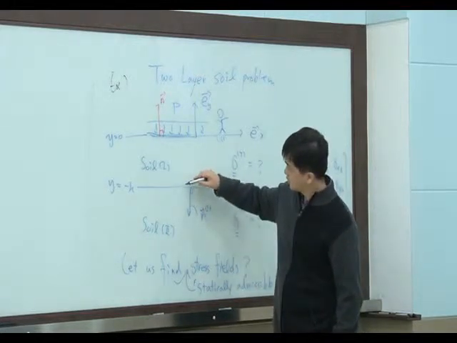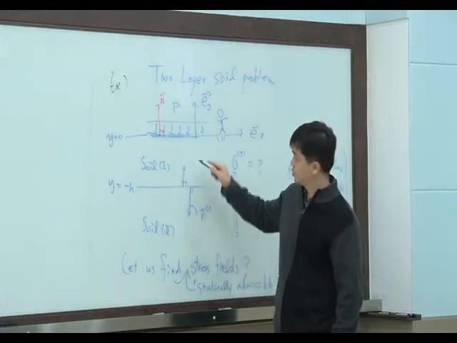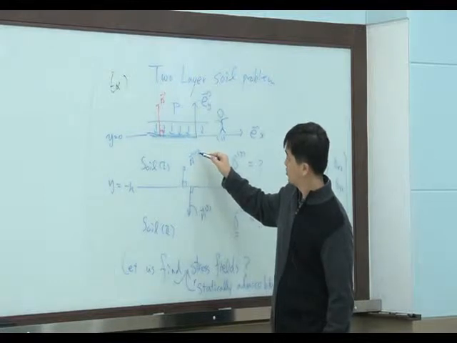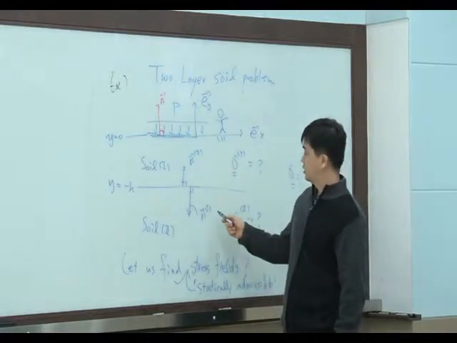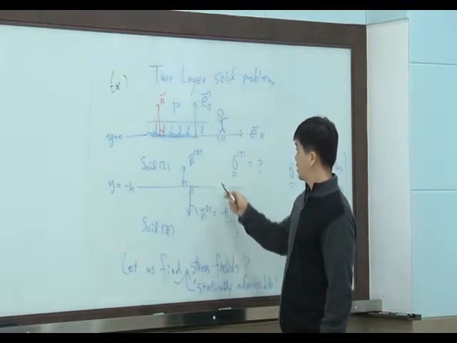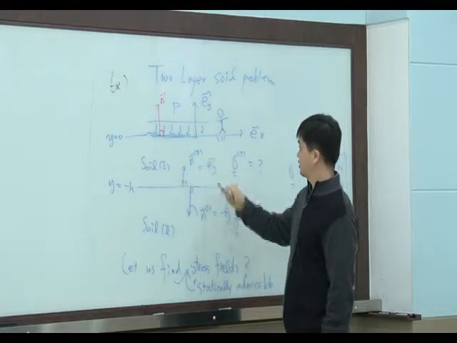How about soil layer 2? This is the normal direction for soil layer 2. Let's say n2. So n1 equal minus ey, n2 equal ey, right?